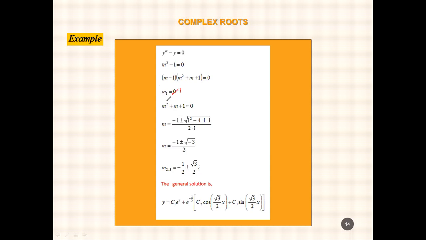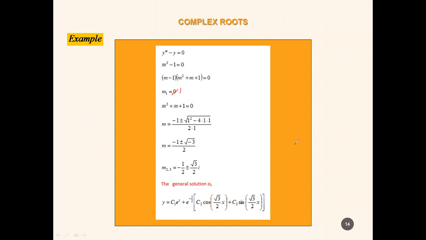And for the root which is 1, in the case of m minus 1, you have c sub 1 e raised to x. So your arbitrary constant for the pair of complex conjugate root representation is the one being multiplied to the pair of cosine and sine, or rather, to the set of functions sine and cosine.